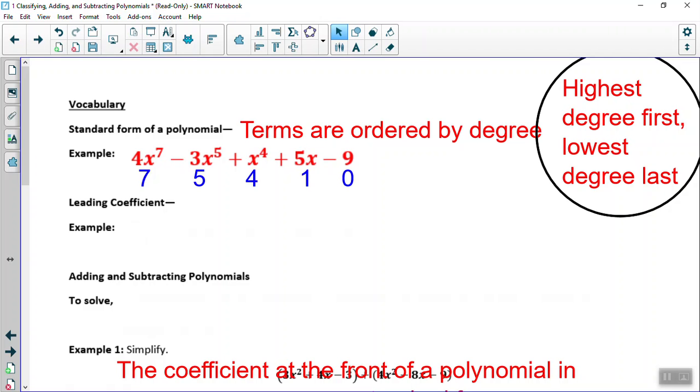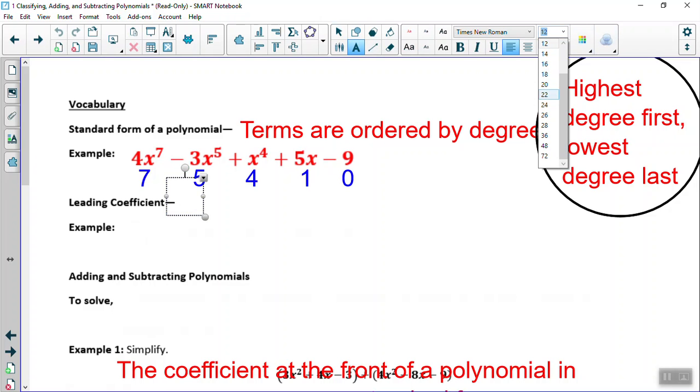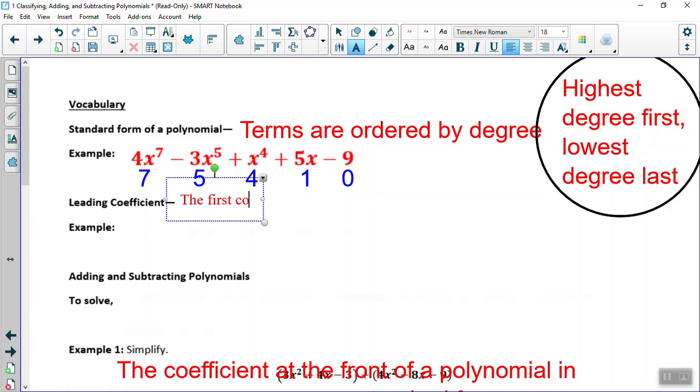Right? Leading coefficient. The leading coefficient is that very first coefficient in the polynomial. So I'm going to put that in because that's not here. So your leading coefficient is the first coefficient of the polynomial.